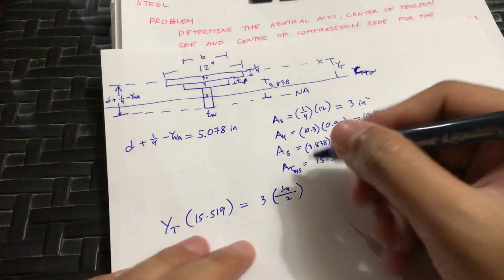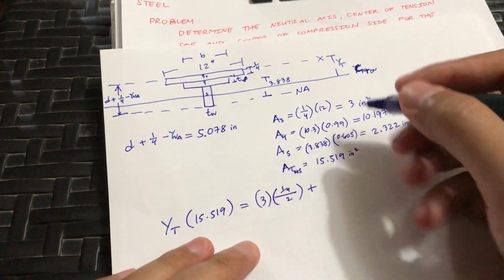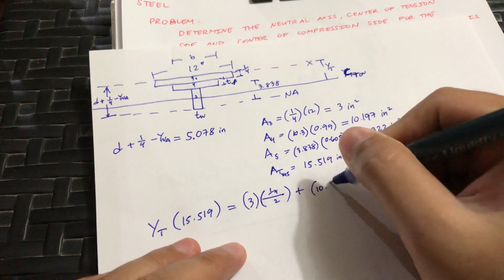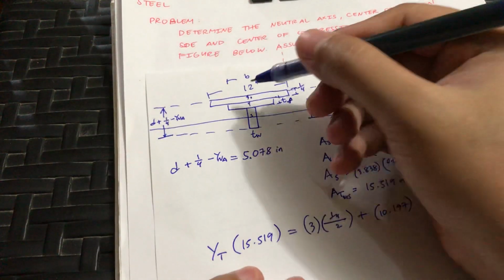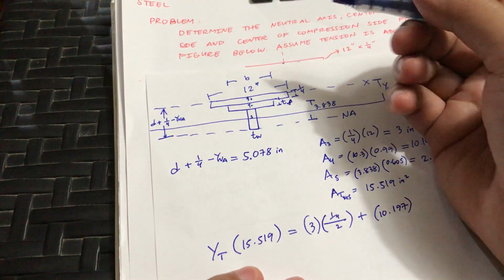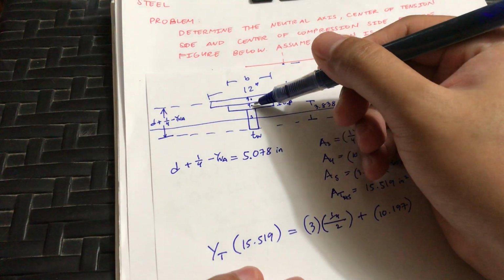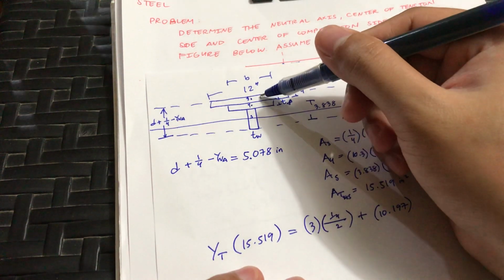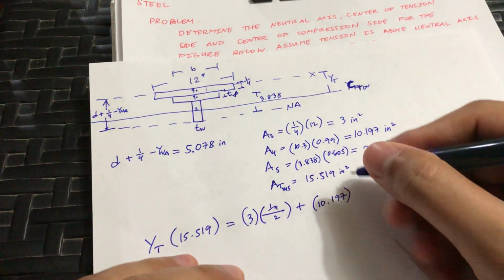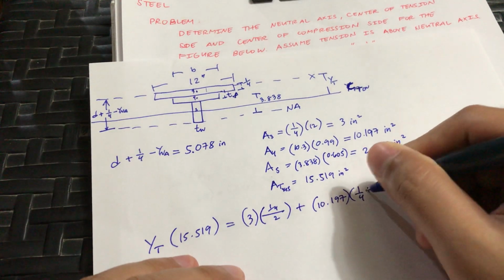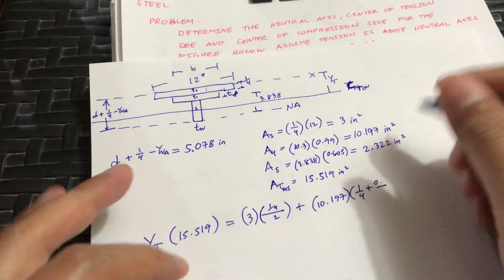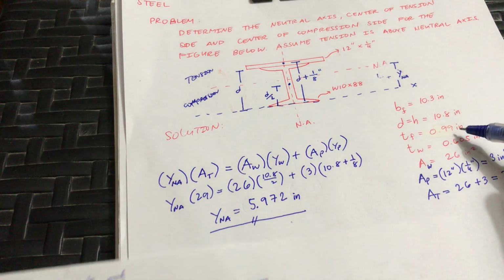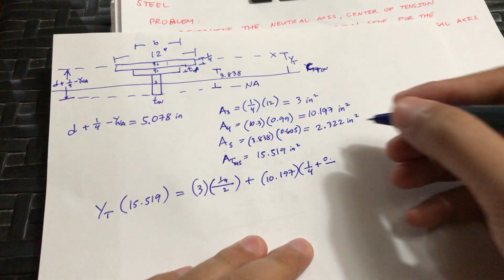Plus, next, area 4, 10.197. The location of area 4 is over here, so that is 1/4 plus half of TF, where TF is 0.99.